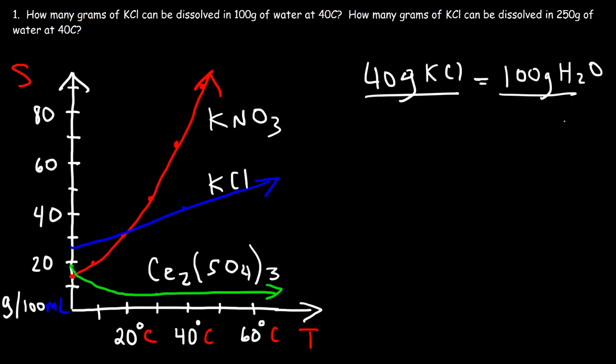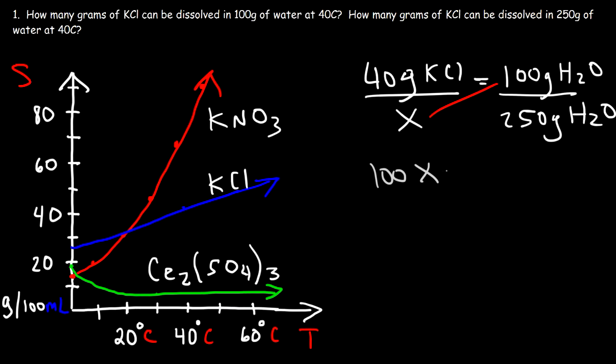So if we want to find out how much can be dissolved in 250 grams of water at that same temperature, we need to set up a proportion. So let's cross multiply. So this is going to be x times 100, or 100x, and that's equal to 250 times 40, which is 10,000. So 10,000 divided by 100 is 100.